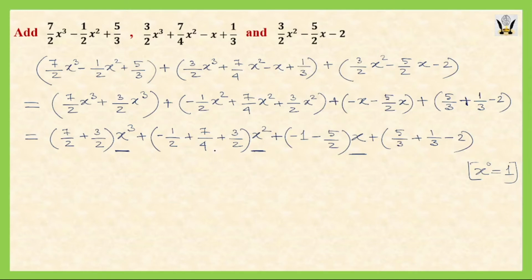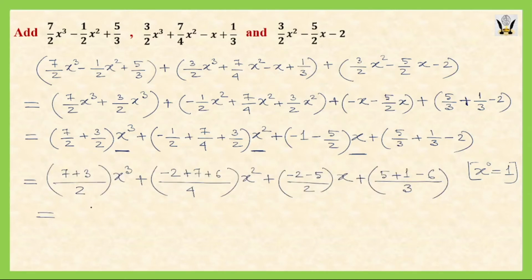What we did in the previous example, likewise we will take the LCM of the denominator and then proceed with the numerators accordingly. Now after simplification, what we will get is 7 plus 3, 10 by 2, so it will be 5 x cube. Here it will be 13 minus 2, so it will be 11, 11 divided by 4, and with that we have x square.